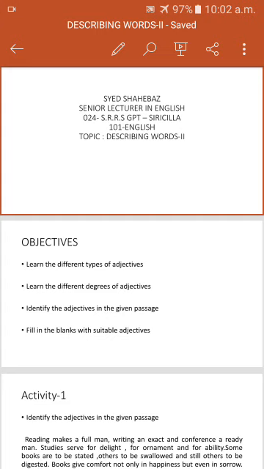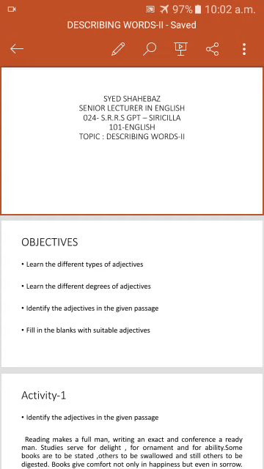We learnt positive degree, comparative degree, and superlative degree, degrees of comparison of adjectives. We learned that adjectives are in 3 degrees: positive degree, comparative degree, and superlative degree.